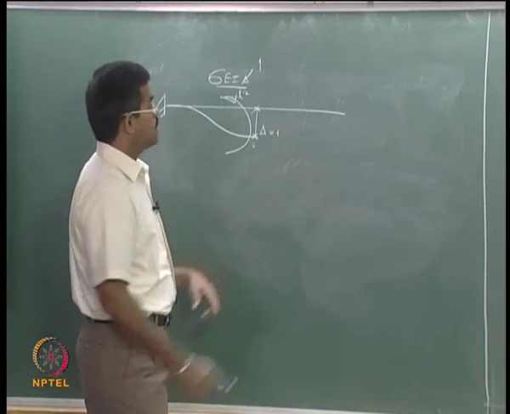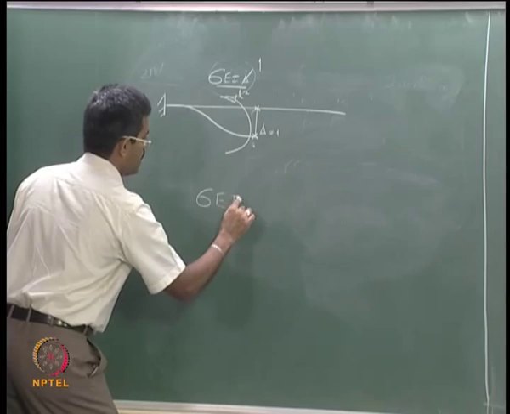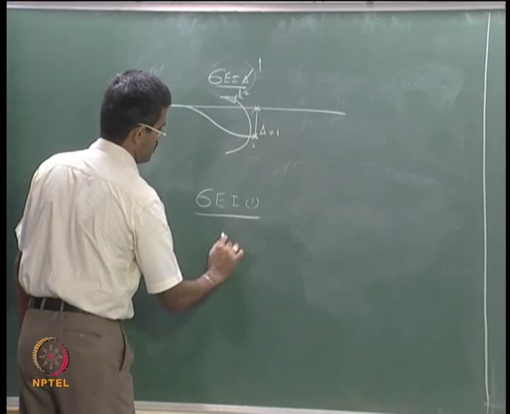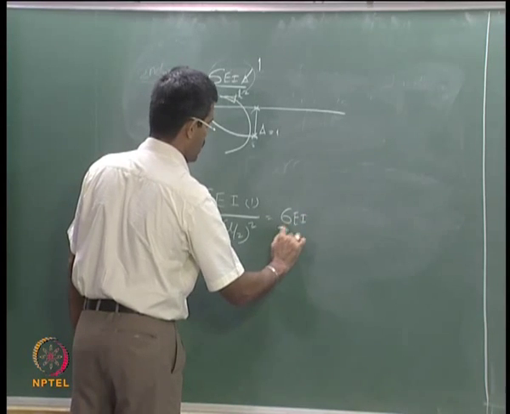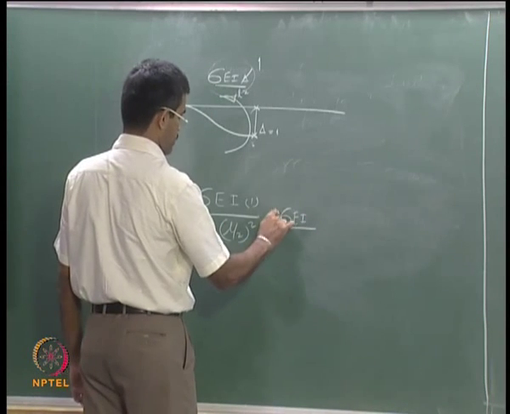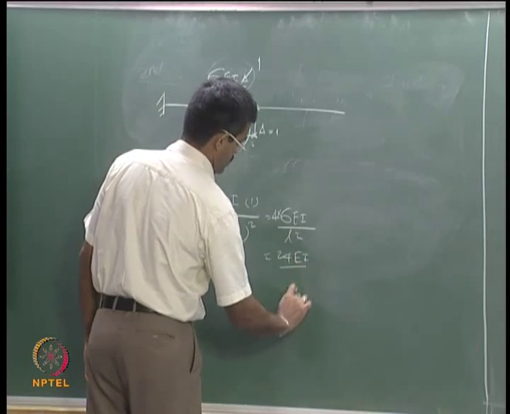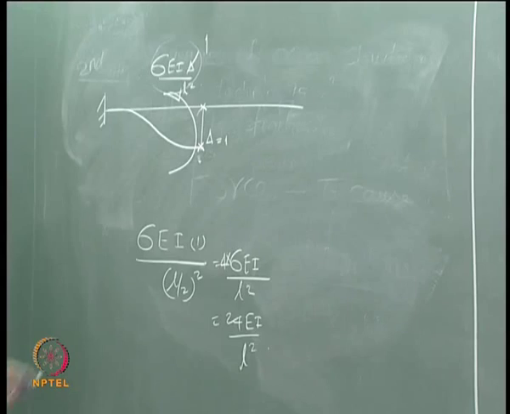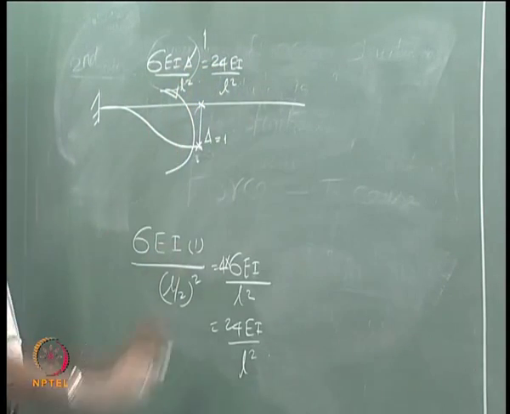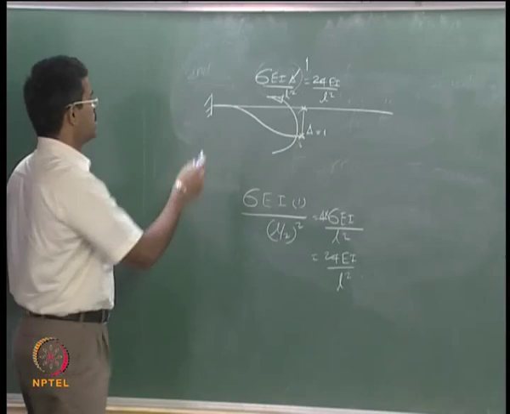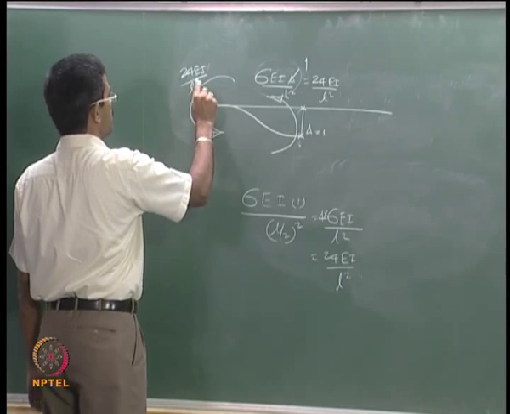So I substitute that here, which will be 6 EI times unity by L by 2 the whole square, which is 6 EI by L square by 4. Let me write this value as 24 EI by L square. The same will get transferred here as 24 EI by L square.